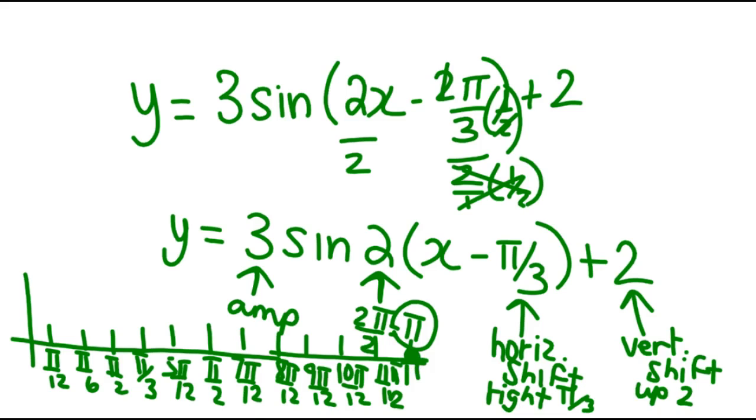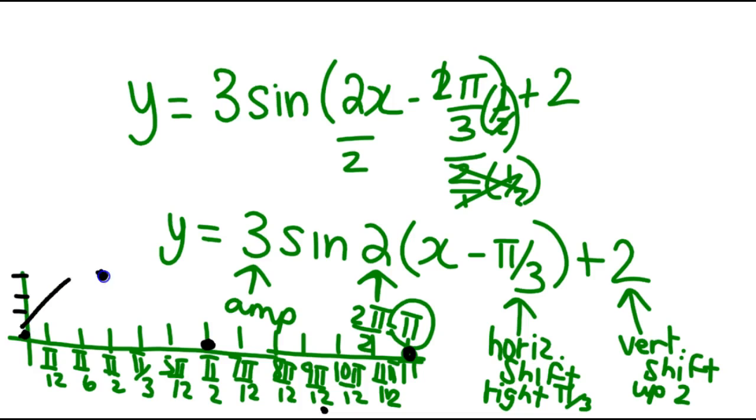This is the end, this is halfway, and so we would have been 1, 2, 3 up, and then halfway in between here, you're up, and halfway in between here, you're down 3. Okay, so all I did was draw the original with an amplitude of 3.